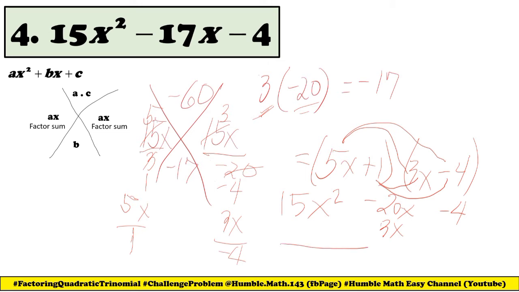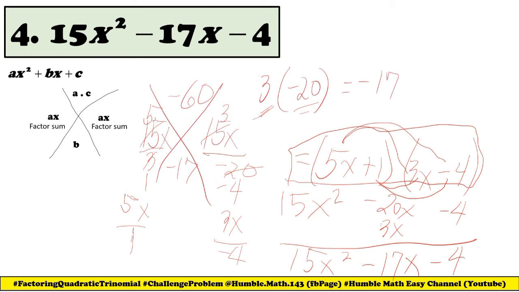Using the FOIL method, this is 15x squared, negative 20 plus 3 is negative 17x, and then minus 4. So now we can claim our answer: the factor of 15x squared minus 17x minus 4 is 5x plus 1 times the quantity 3x minus 4.